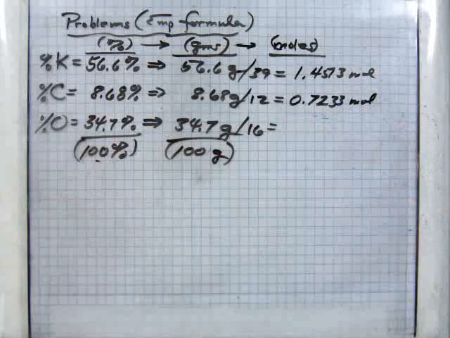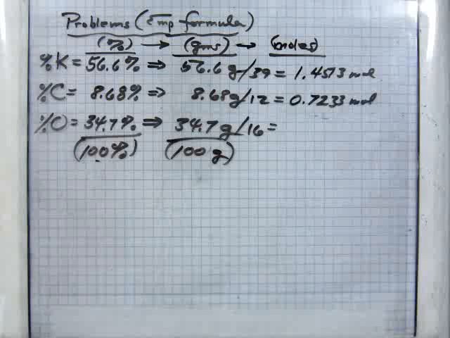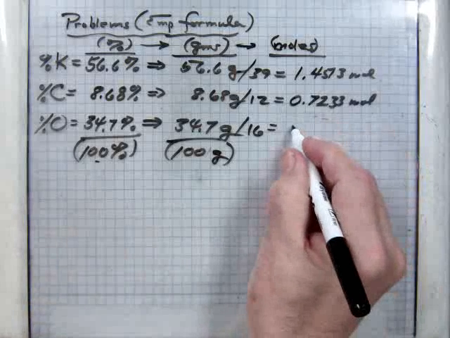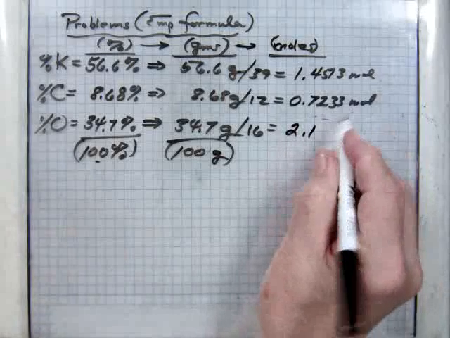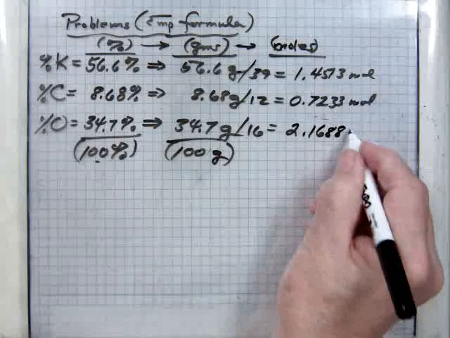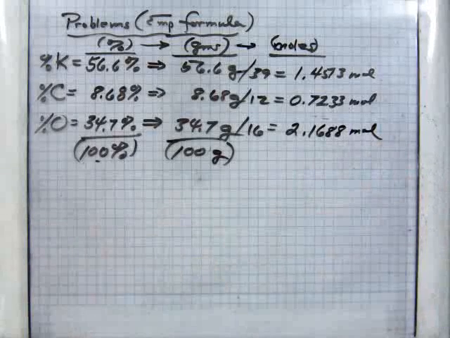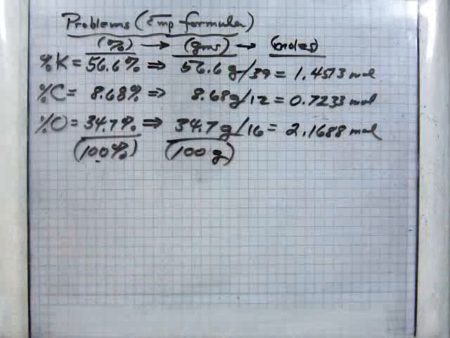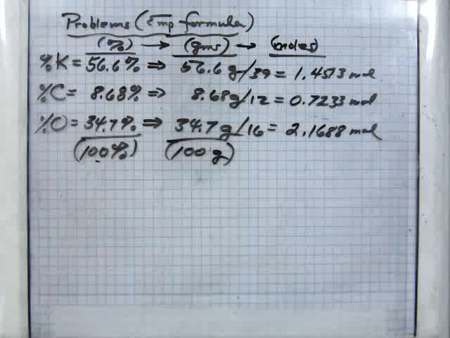And 34.7 divided by 16, 2.1687 or 88. Everybody still with me? Okay, now the next step is you set up a ratio.